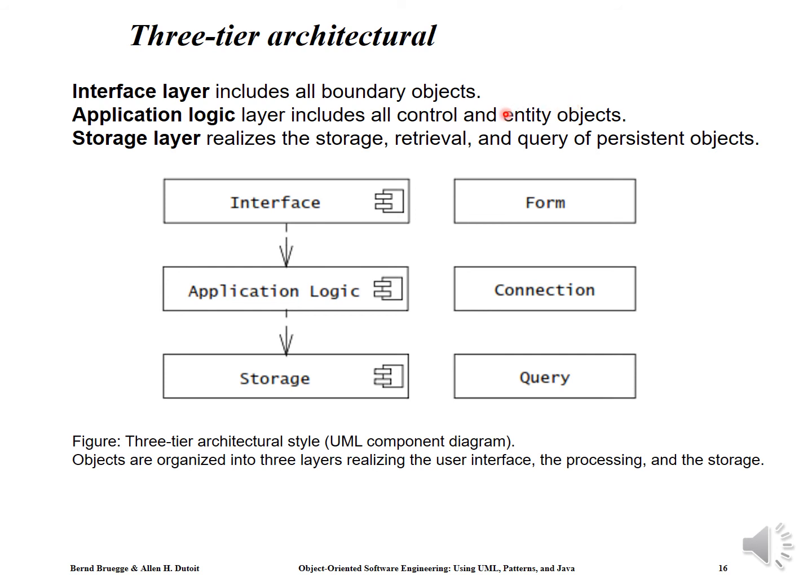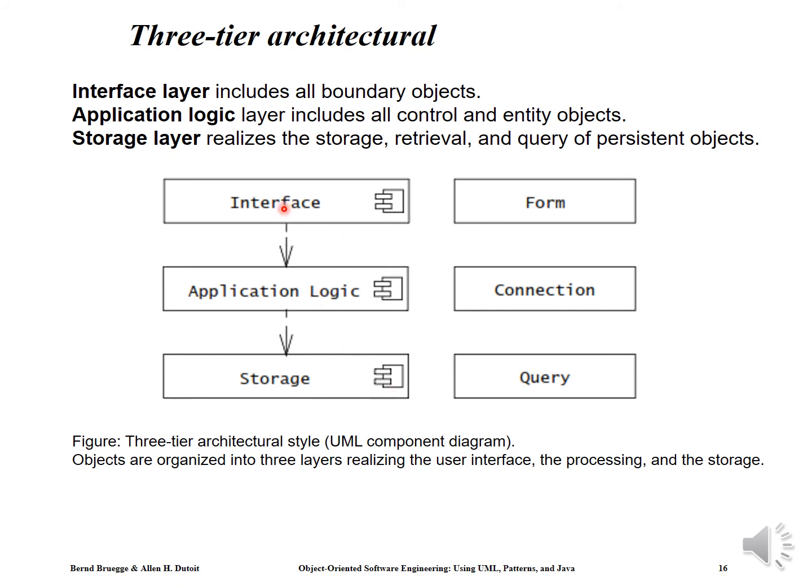It includes all the processing, rule checking, making logical decisions, evaluations, calculations. All such things will be in application logic. And the storage layer realizes the storage, retrieval and query of persistent objects. It deals with the database.